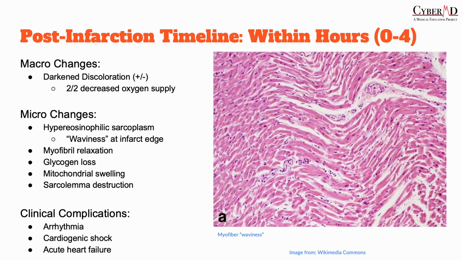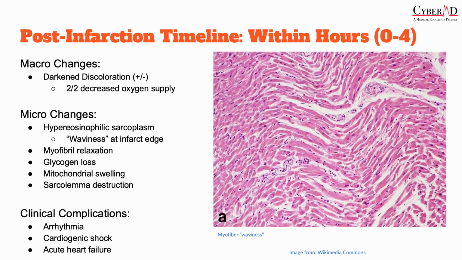In the initial hours following an infarct, gross changes are often not visible. The affected myocardial region typically appears unaltered, although in some cases the area may be darkened due to cyanosis as a result of decreased oxygen supply. At the cellular level, the ischemic injury triggers a series of changes.